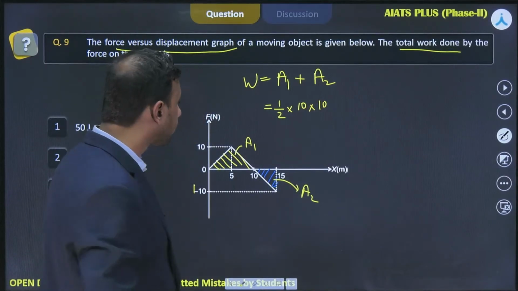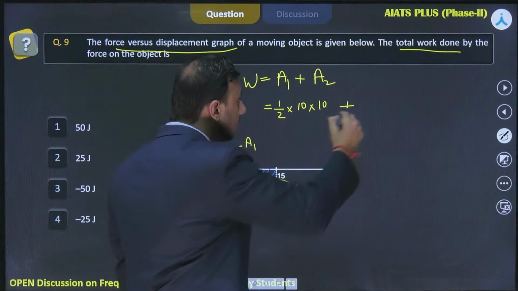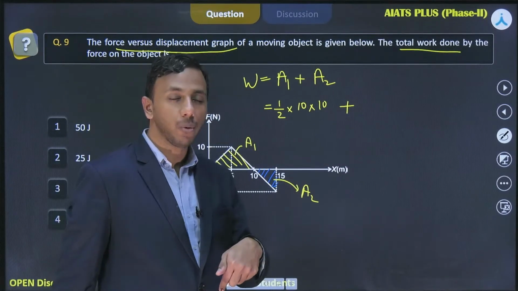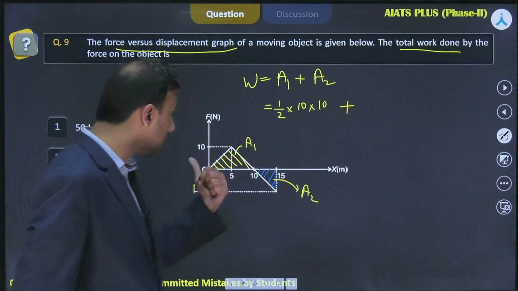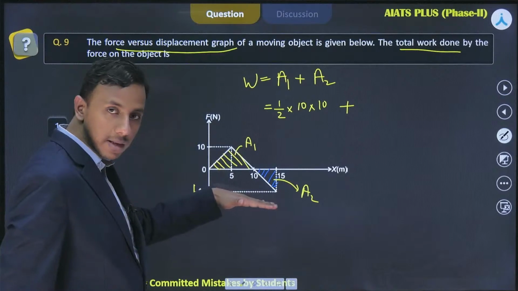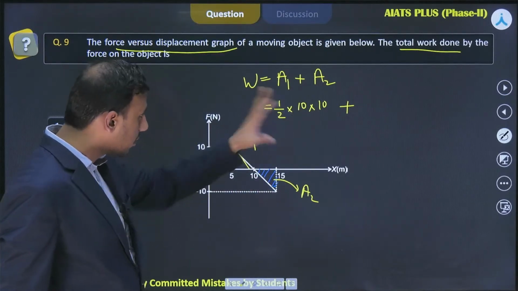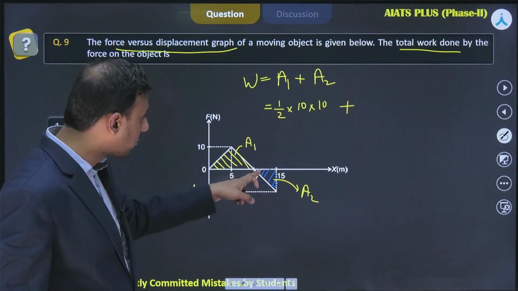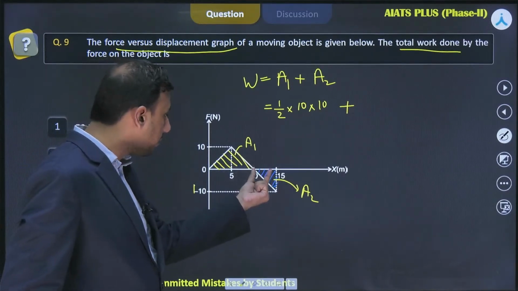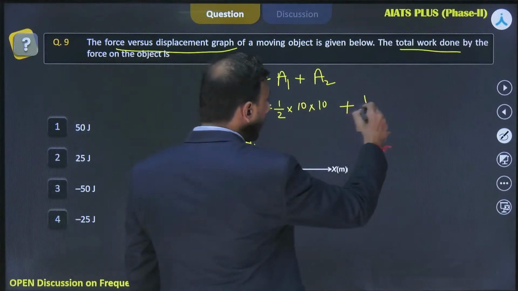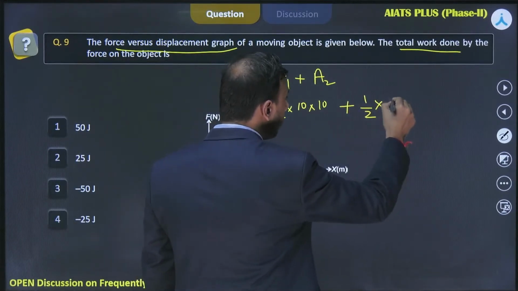Okay. Then what about this triangle? This triangle's area would be negative. Why? Because negative force is acting. See, for this one, force is below this x-axis, right? So force is negative, area would be negative, work done would be negative. So what is the area of this one? Also half into base into height. Base is how much? 10 to 15. Base is 5. So half into base is 5.